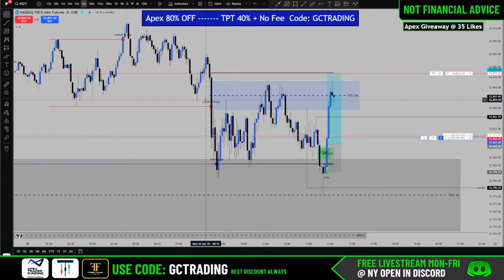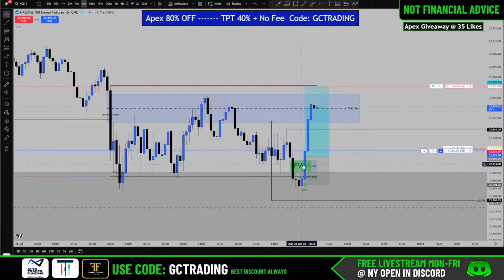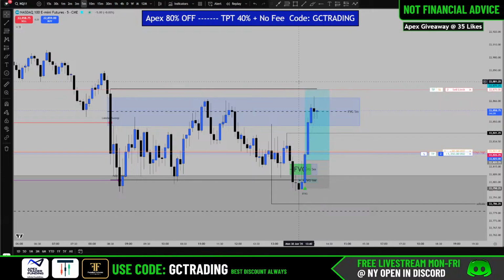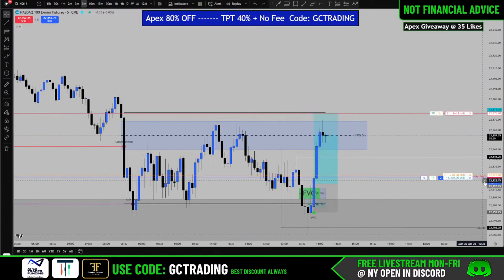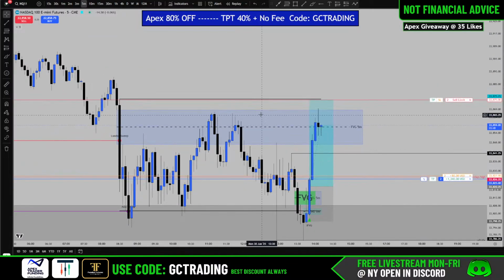You can see right here, took out London, took out Asia, tapped into the hourly inversion right here on the 5 minute gap. All right, final targets are here. We did take profit here and here. Next target is here. Let's see if we can push up there.